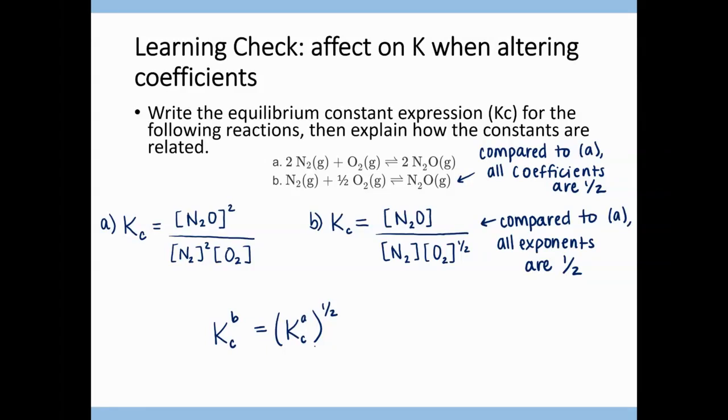So if you alter the coefficients in a reaction by some factor, then the K value is raised to the power of that factor. So this is another way we can manipulate the K value to calculate K for a similar but different reaction.